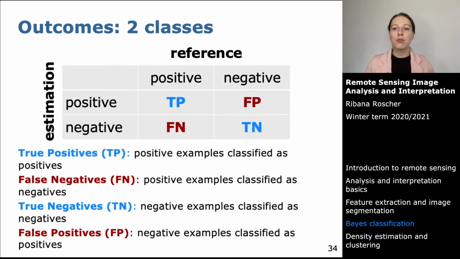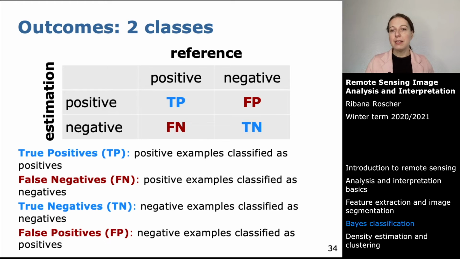For example, the true positives are positive examples classified as positives. False negatives are positive samples classified as negatives. So if there's a true in the word, it's good. If there's a false in there, it's not good, because then your classifier made a wrong estimate. It's a wrong decision.